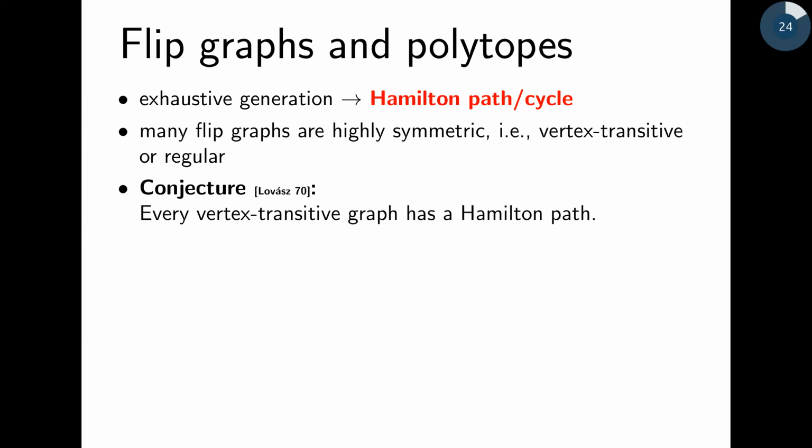And there's a famous conjecture due to Lovász, which connects this Hamilton cycle problem in flip graphs to this vertex transitive property. Namely, his conjecture says that every vertex transitive graph has a Hamilton path. This conjecture is, of course, very much open. But it can serve as another motivation as to why we care about finding Hamilton paths and cycles in these flip graphs.